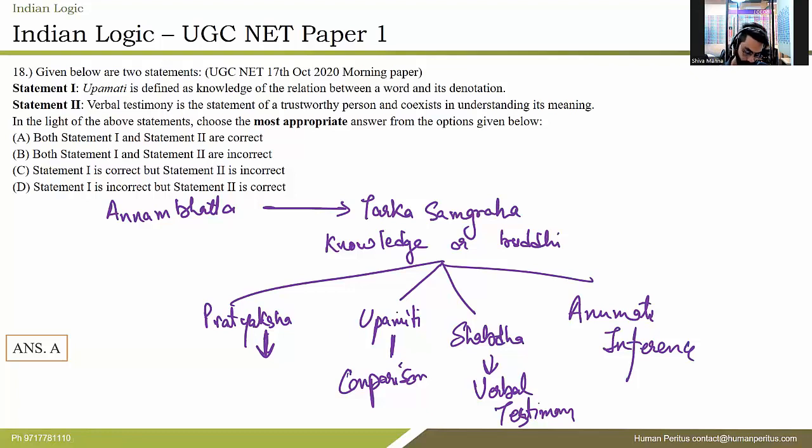Upamiti is defined as knowledge of relation between a word and its denotation. That's absolutely correct. Upamiti talks about the relationship between the characteristics, how you perceive something, how you understand something, and the word with it. For example, if somebody says chair or table, every single one of us can think about a flat surface with four legs.